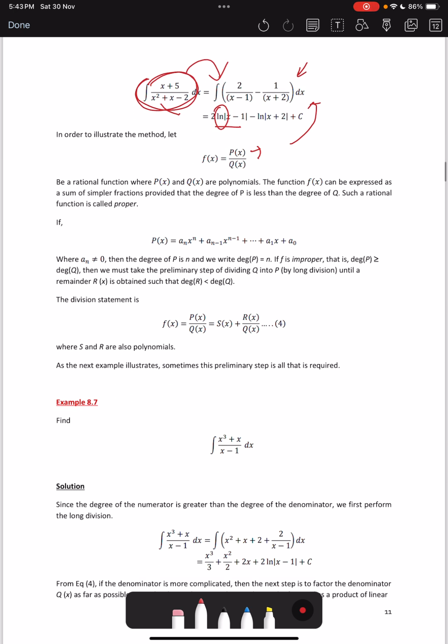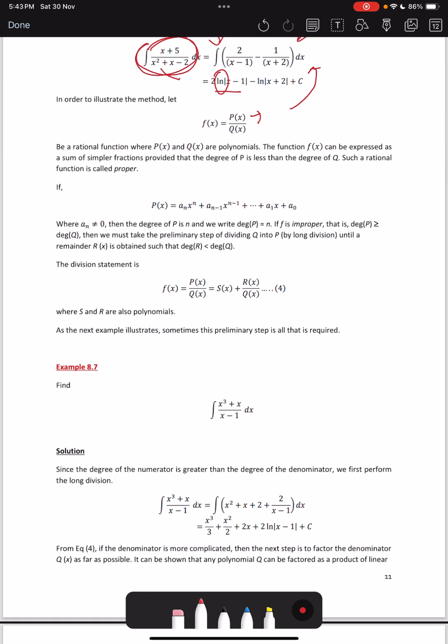For example, like this example 8.7, you have x to the power of 3 plus x divided by x minus 1. So first of all, this is the numerator, and this is the denominator.